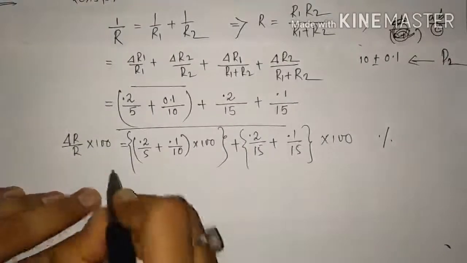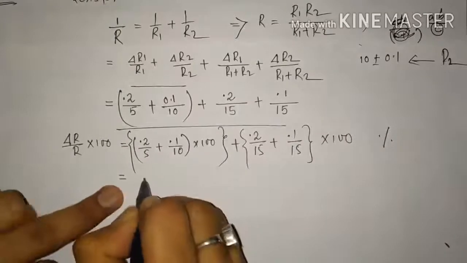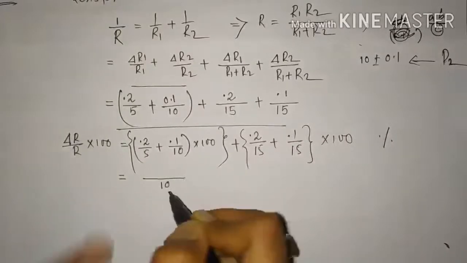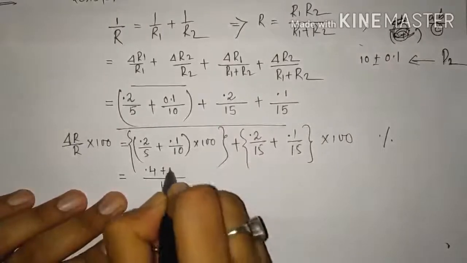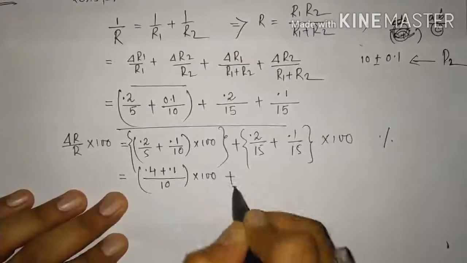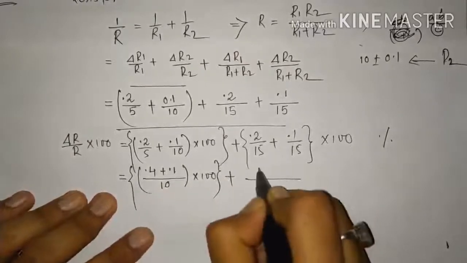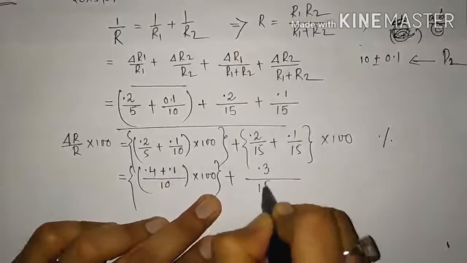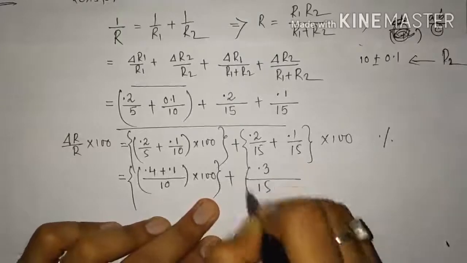So this is equal to 0.4 plus 0.1 multiplied by 100 plus 0.3. I have taken here the LCM of 5 and 10, here the LCM of 15 and 15.